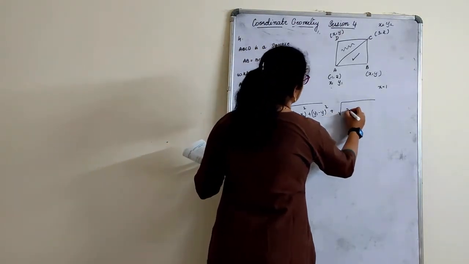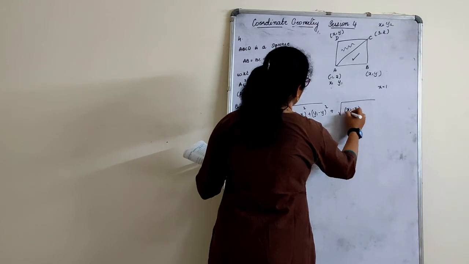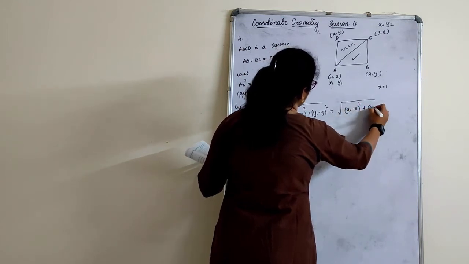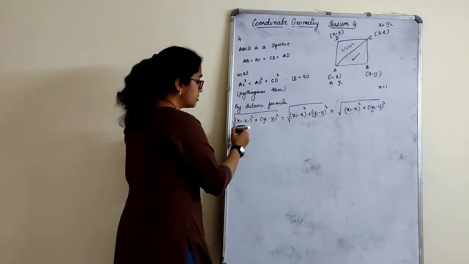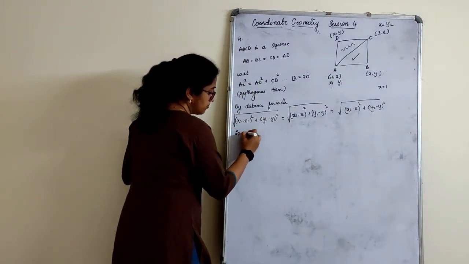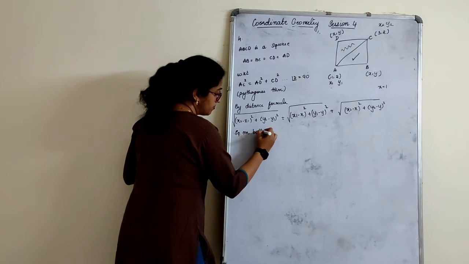So this is x2 minus x whole square plus y2 minus y whole square.